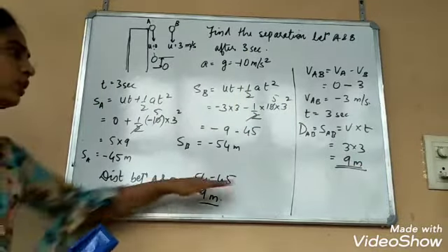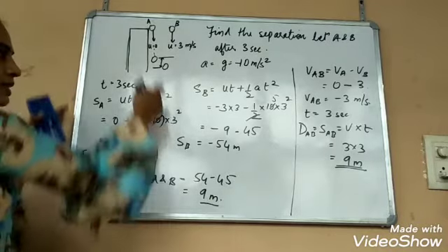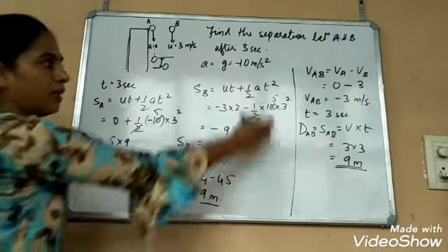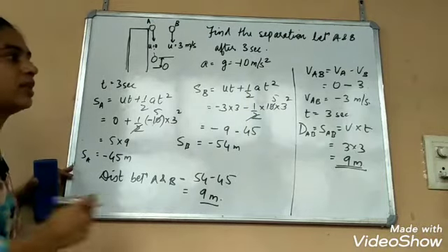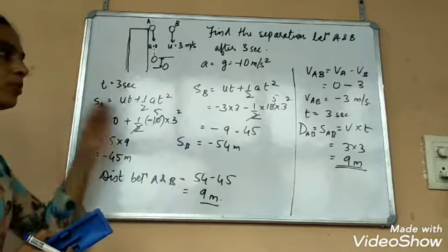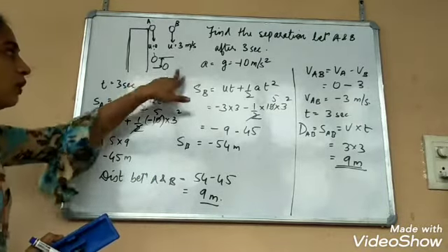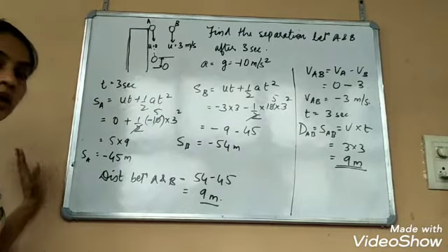See, with both the methods, you are getting the same distance between both of them, but see the number of steps with the conventional method and the number of steps with the relative velocity method. Acceleration also you can find. No need to find acceleration for a gravity problem because relative acceleration between both of them will always be 0. Why?